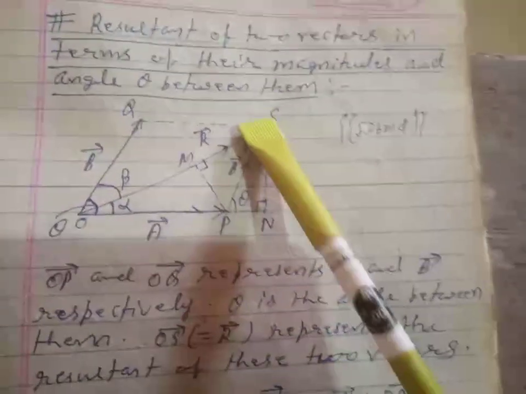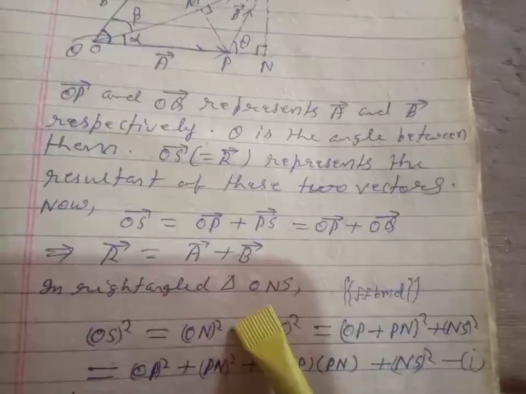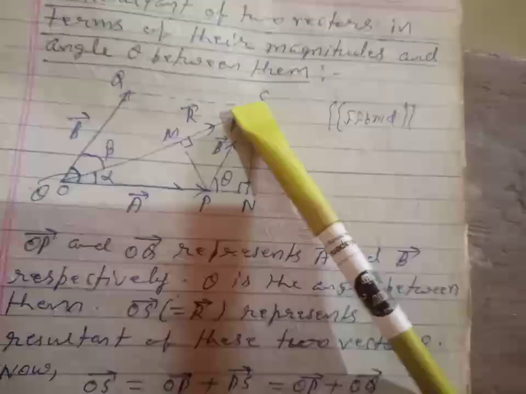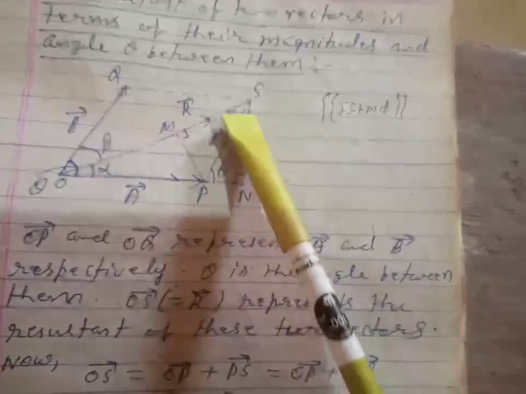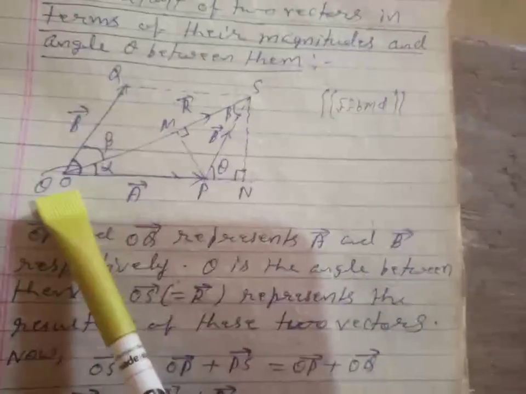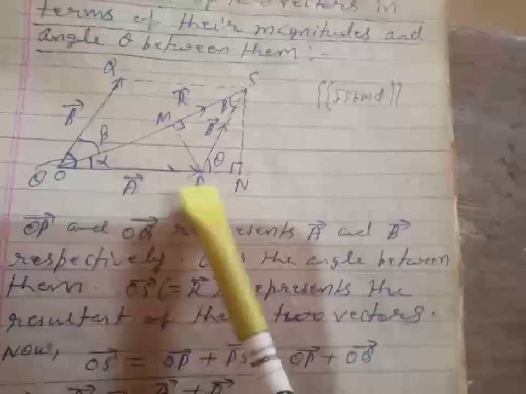Now in the right angle triangle ONS, OS square will be equal to ON square plus NS square, and now ON will be OP plus PN.